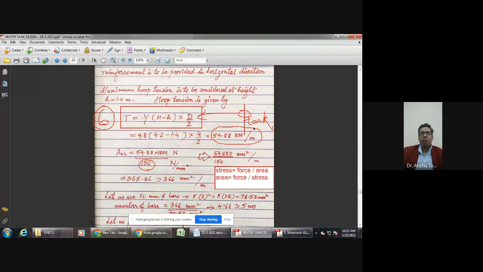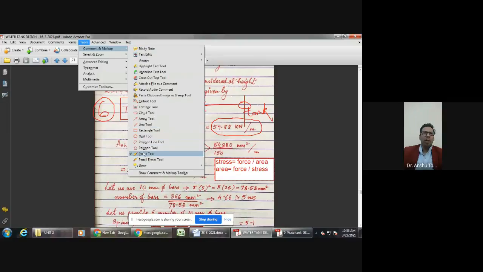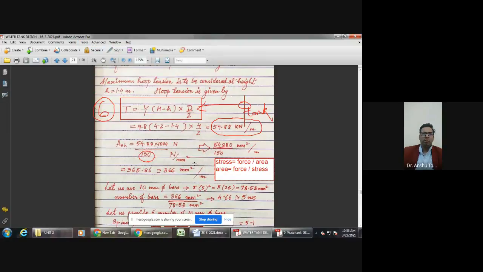Here we have got kilonewton per meter, so to convert it, you multiply by 1000 above and 1000 below, so the 1000s cancel. It will become 54.88. When you divide it with 150, you will get this value in mm square. You have to do all the calculations keeping the units in mind. So you will get this as the total area of reinforcement.